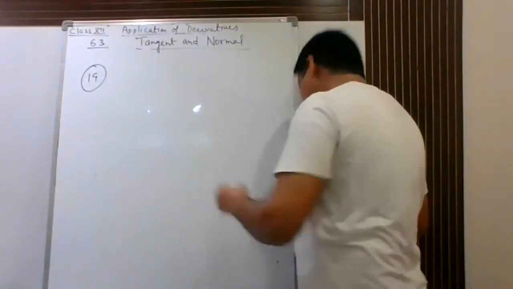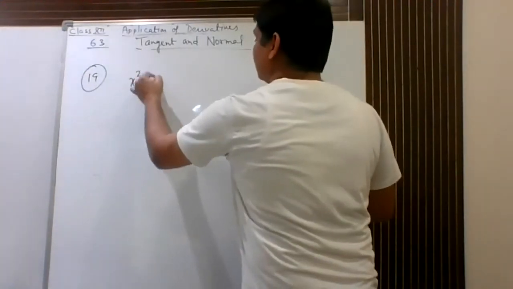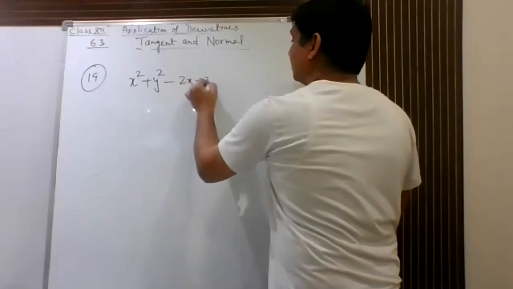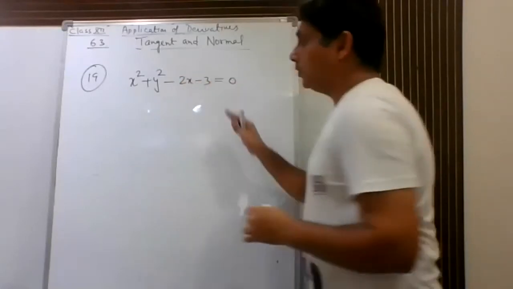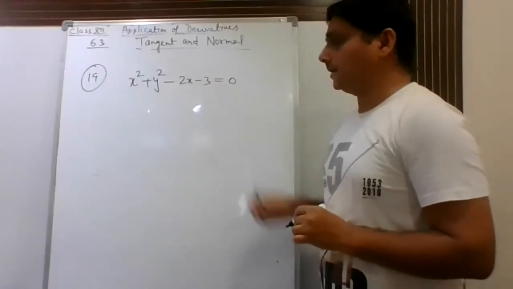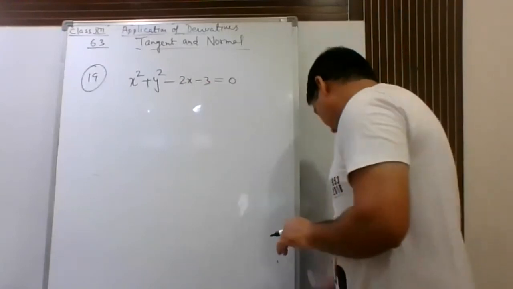In this question, the curve is given. We want to find all the points where the tangent to this curve is parallel to x-axis.